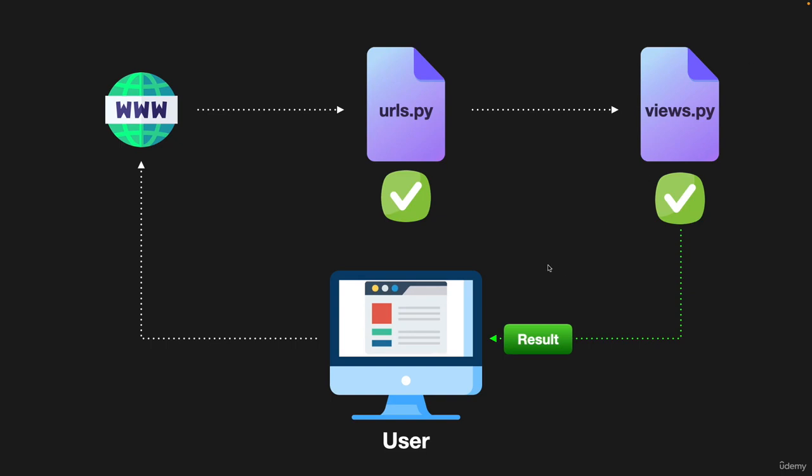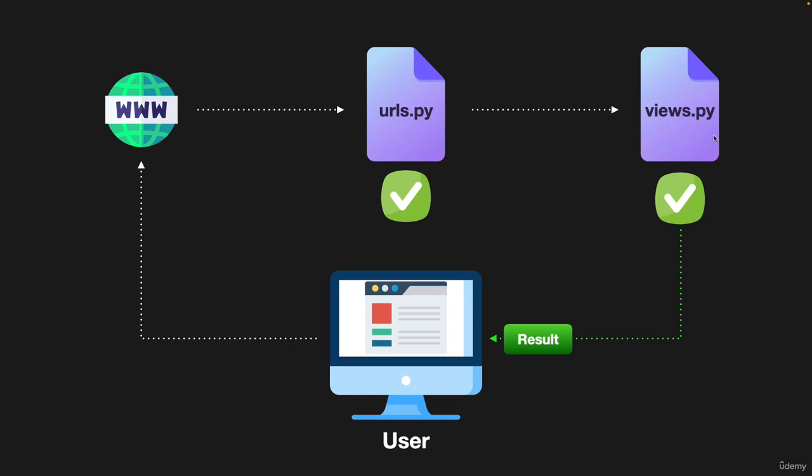So to recap, users send a request to our server, and the server sends that request to the urls.py file. urls.py will look at the address, for example, myshop.com/products. When it finds a match, it will tell views.py to show the content for this page.